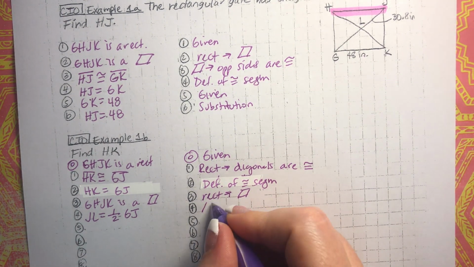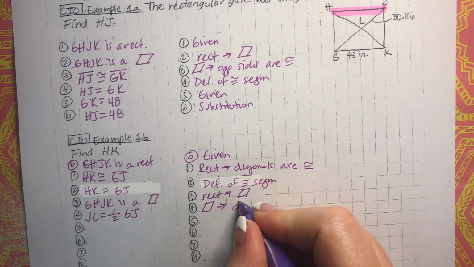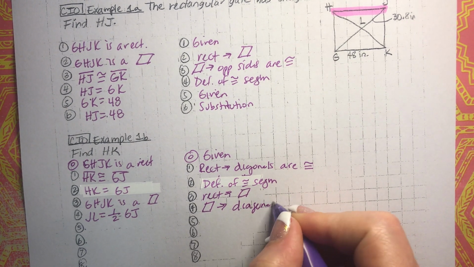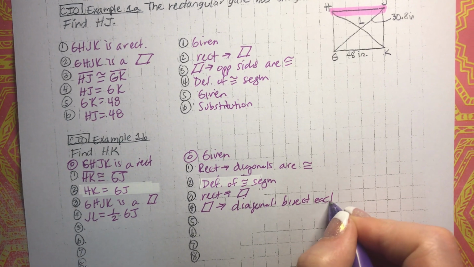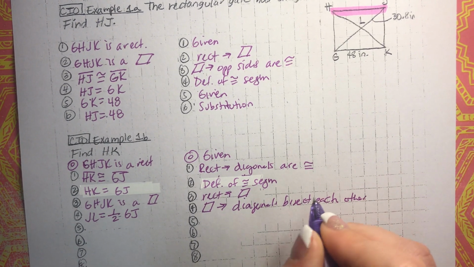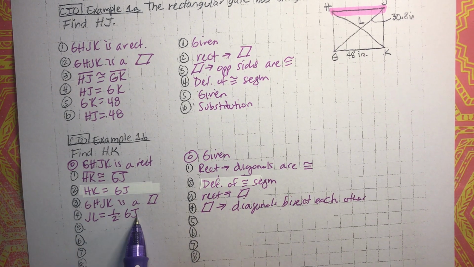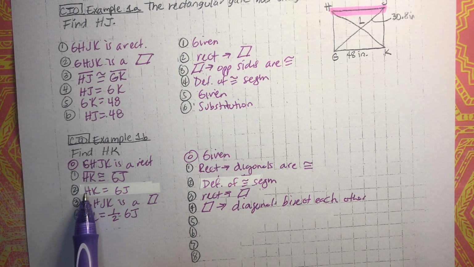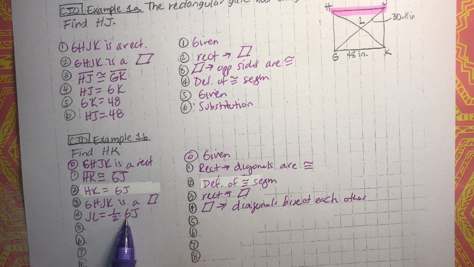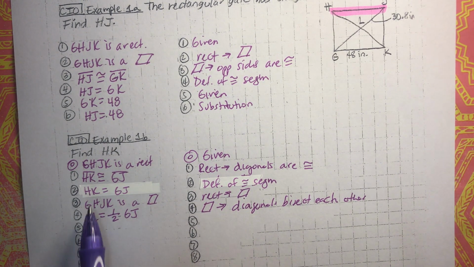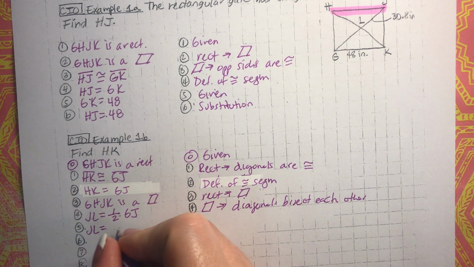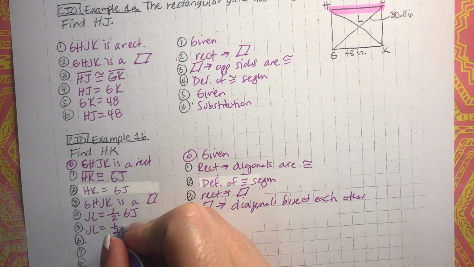Because if it's a parallelogram, then the diagonals bisect each other. Okay. Then what I'm going to do is substitute HK in here for GJ. Anyways, it's fine. I'm going to substitute. So I'm going to go JL is equal to 1/2 HK.